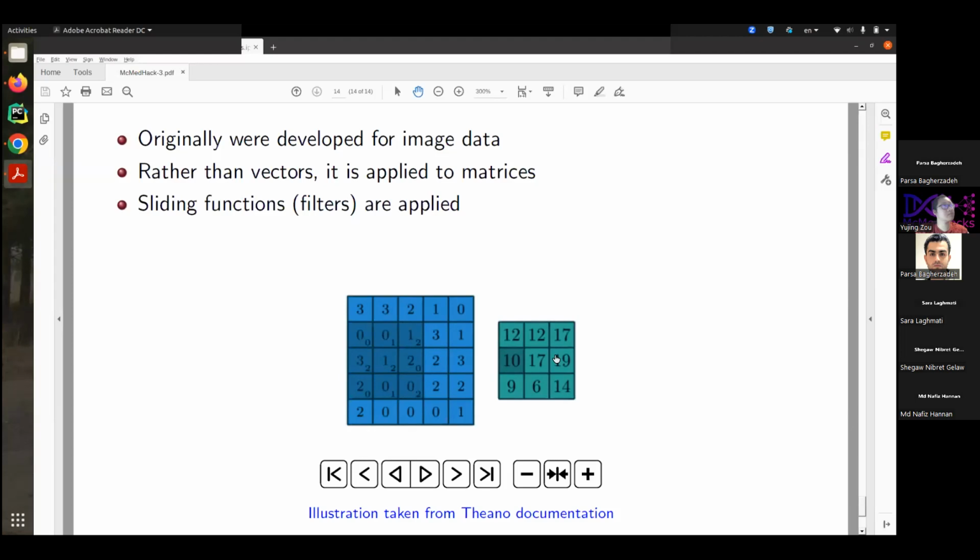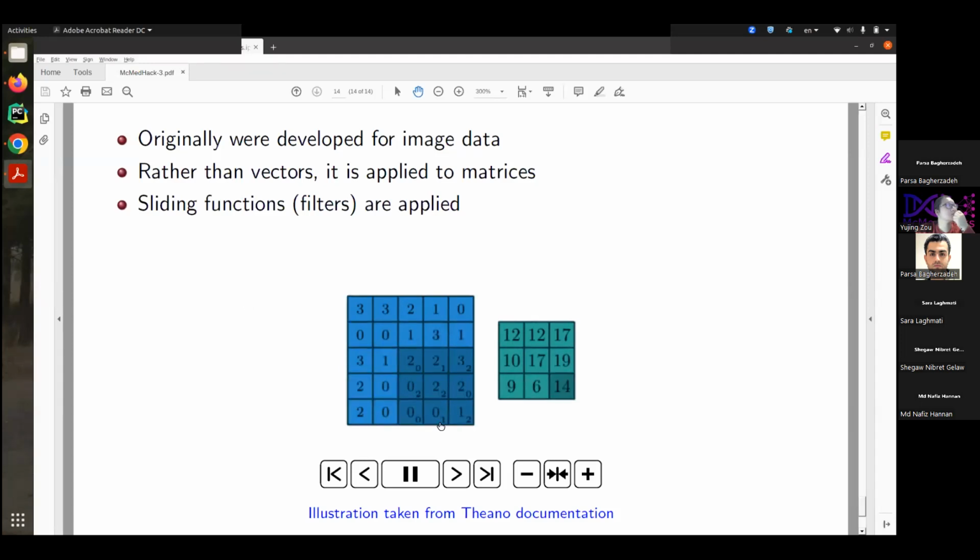Usually the exploration and inspection of convolutional neural nets reveals that these sliding matrices, which are also called filters, are able to capture specific features in the image, like edge features, textural features, and so on and so forth.